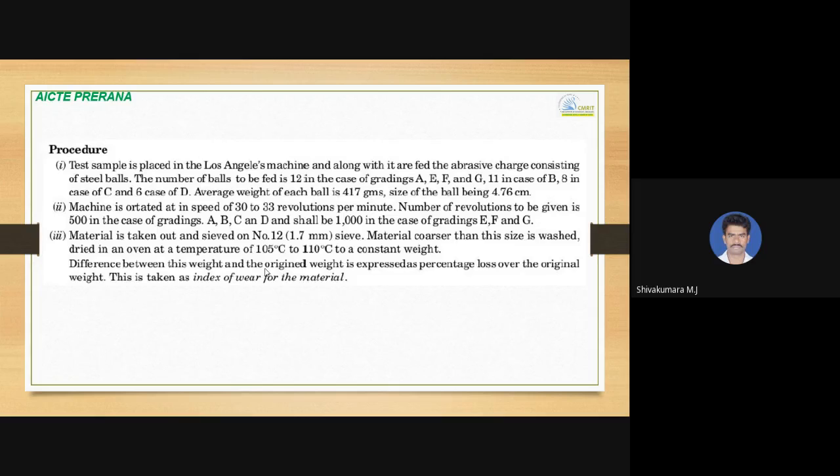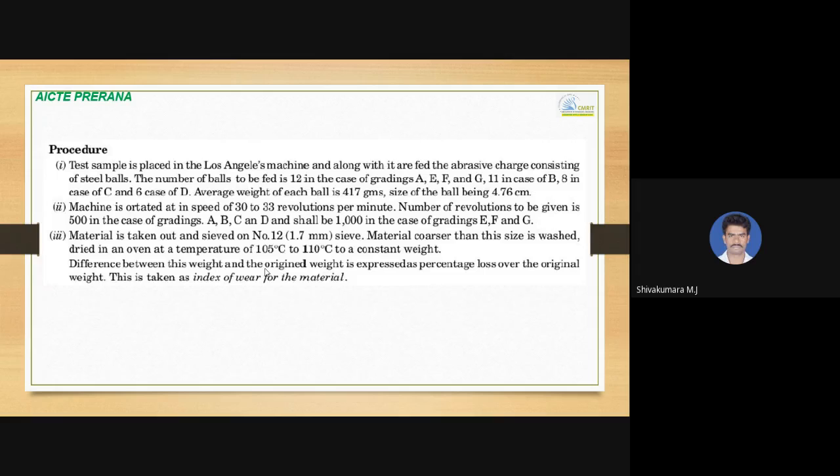The machine is started after filling the materials and the steel charges. After filling it, totally 500 revolutions we should give for gradings A, B, C, and it can be 1000 revolutions for grades E, F, G. After giving these 500 or 1000 revolutions, the material is taken out and sieved through a 1.7 mm sieve.